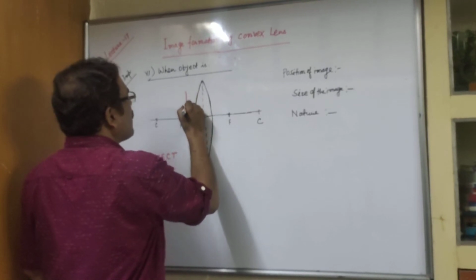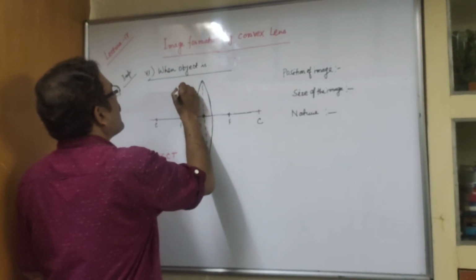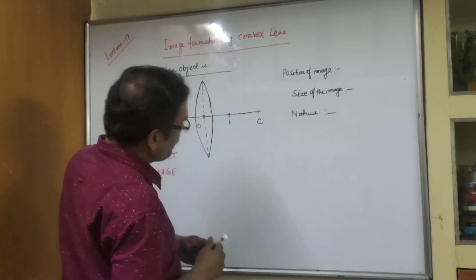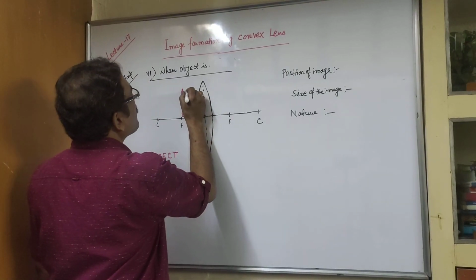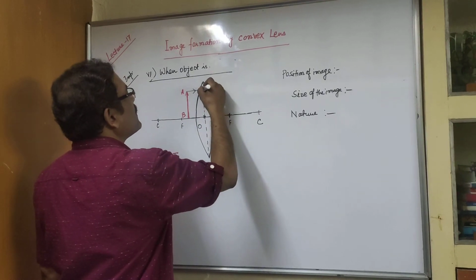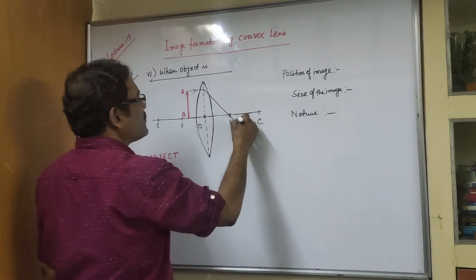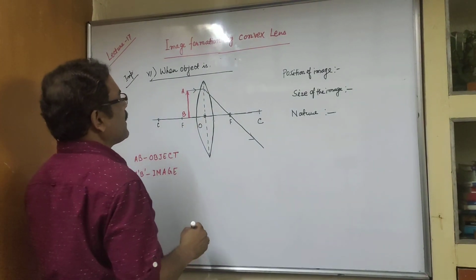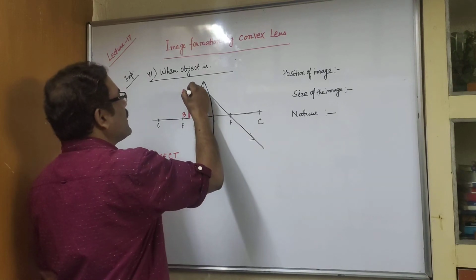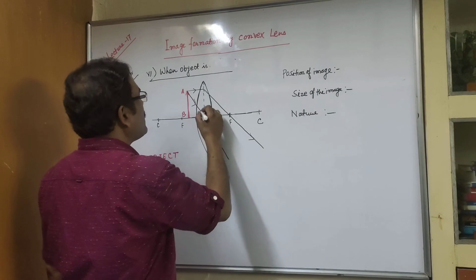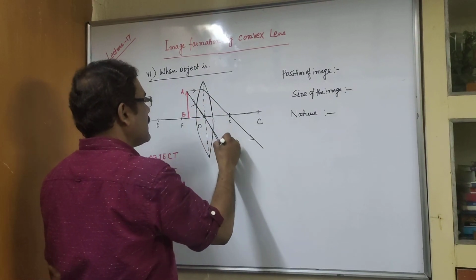So suppose the object is somewhere here, mark it as AB. Again a ray of light from the object which is parallel to the principal axis, and as you know, after refraction this ray will pass through the focus of the lens. Take another ray through the optical center of the lens. So this ray will pass straight through the optical center of the lens.